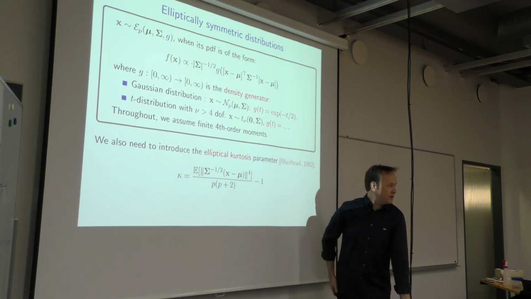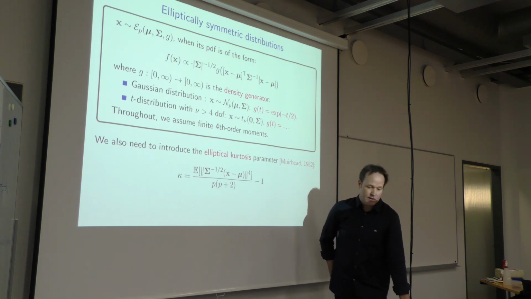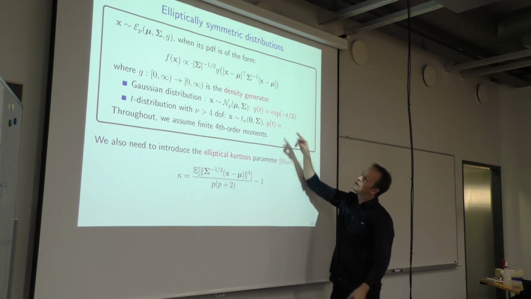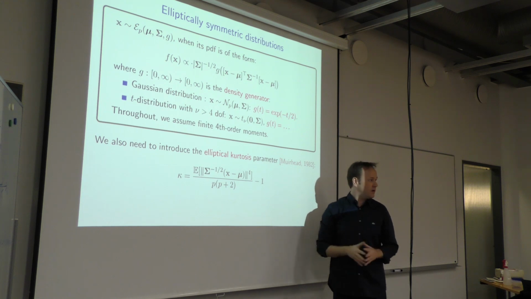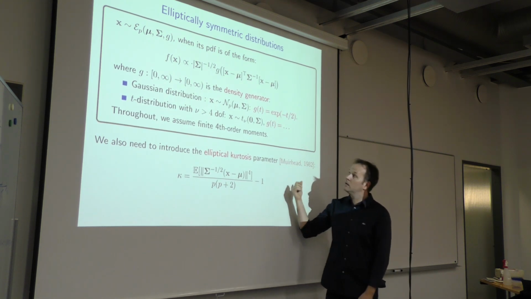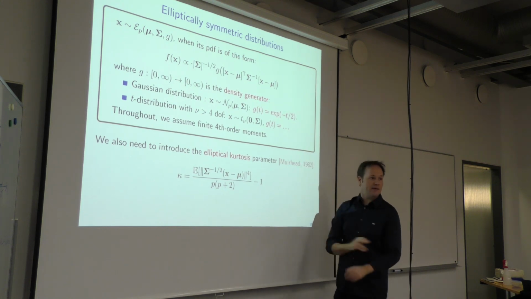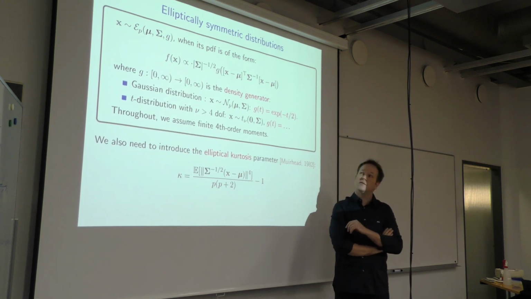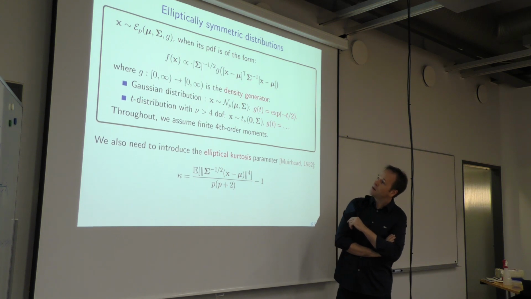And they all belong to this family. The family is parameterized by the mean and the covariance matrix. And then there's this density generator, so if we have Gaussian, we have a certain form for that density generator.